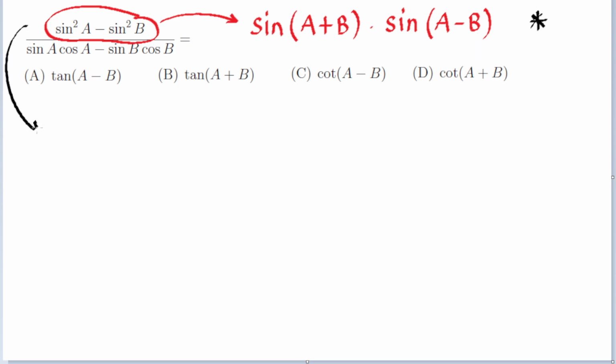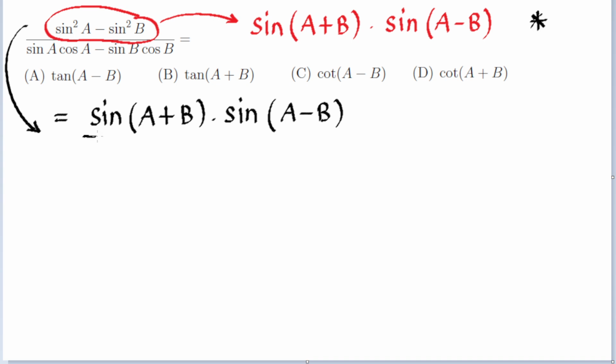Now what we are going to do is, let us write the numerator as sin of a plus b into sin of a minus b. Okay, in the denominator another trick that we are going to do is we are going to multiply by 2, and hence we have to divide by 2.